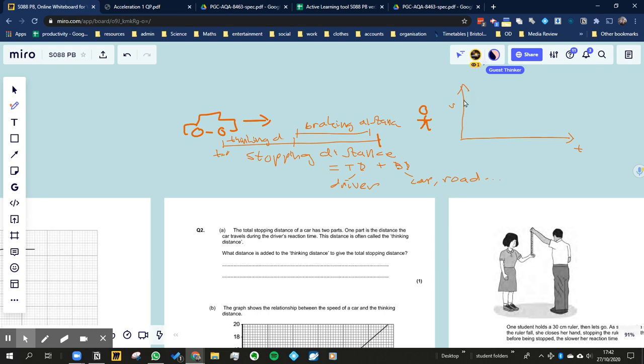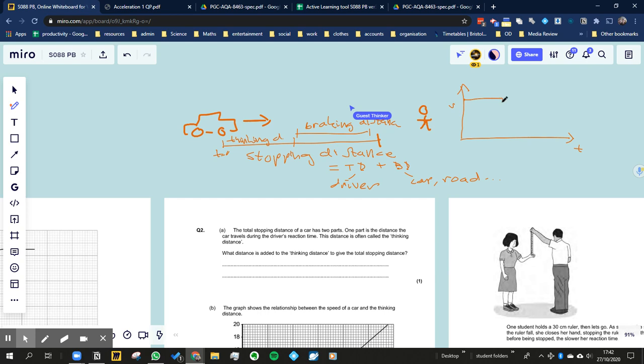What happens at first? He's traveling at that speed, and he continues at that speed for a while. By the way, it's not that he hasn't seen it yet. He has seen it right at the beginning, but he hasn't reacted to it yet, maybe because he's tired, and also, even if he's in perfect condition, it takes a short amount of time to react.